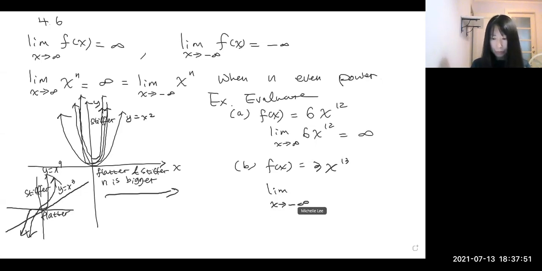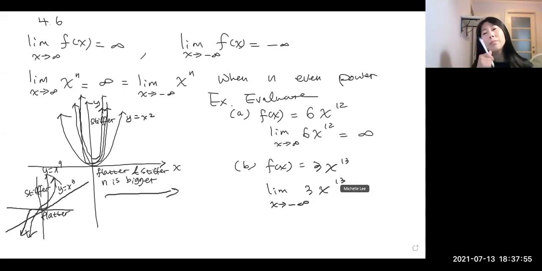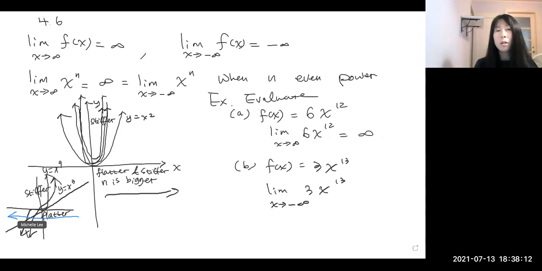What do you get? You guys are busy with the drawing. What's the graph behavior? Negative infinity. Good.